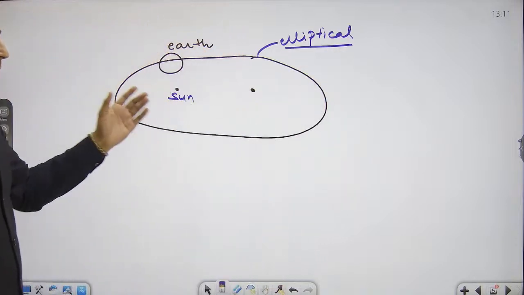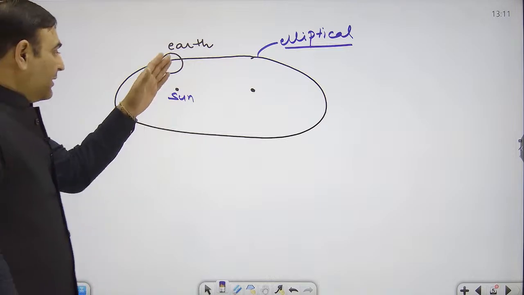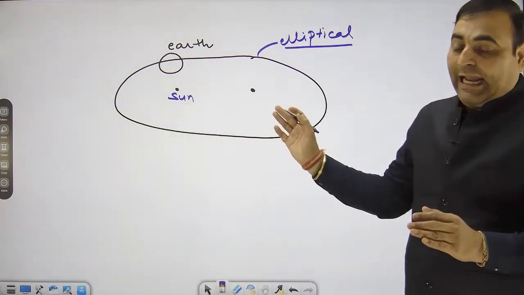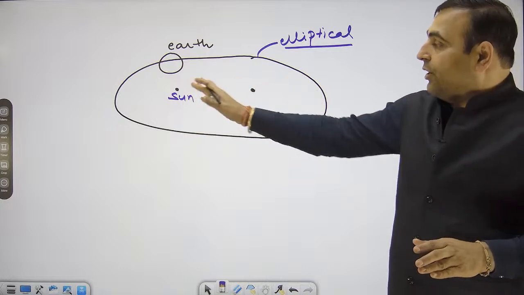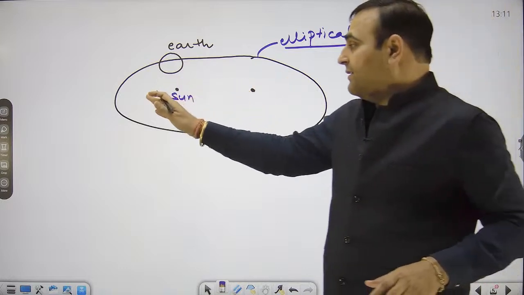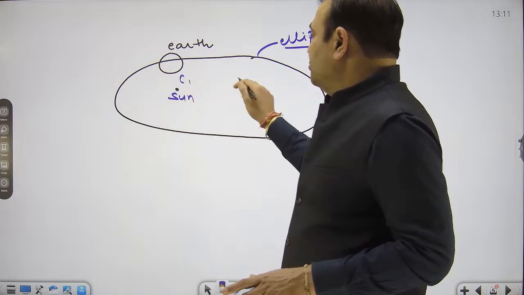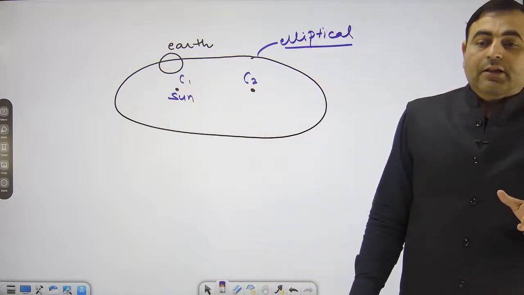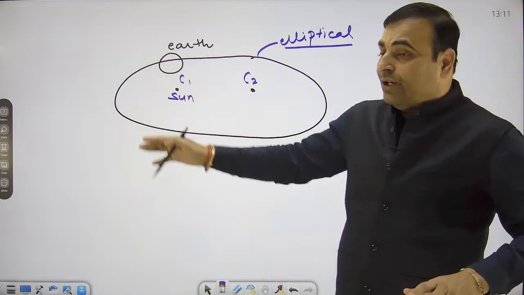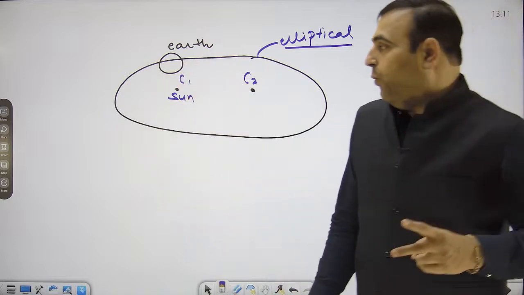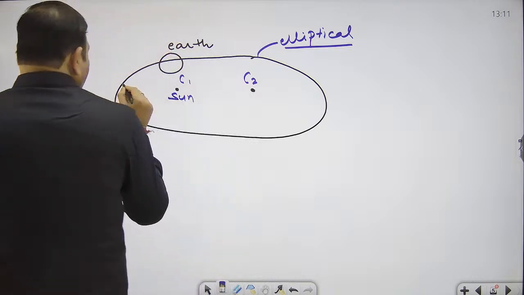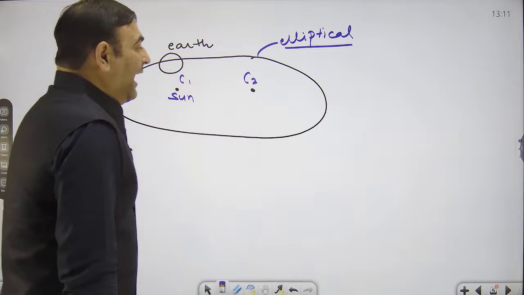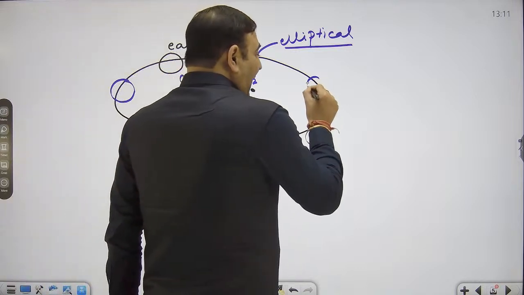And when it is an elliptical orbit, it means for the revolving object around any center or any focus, be it center 1 or center 2, specifically, the Earth will have two positions. One which is nearer to the Sun, and one when it is at the farthest point.